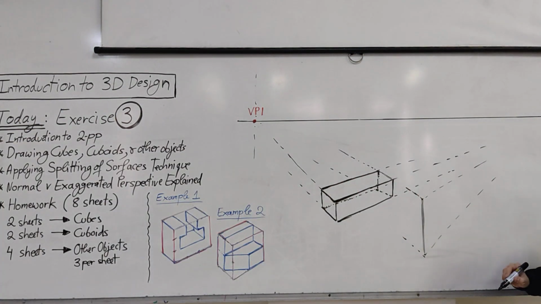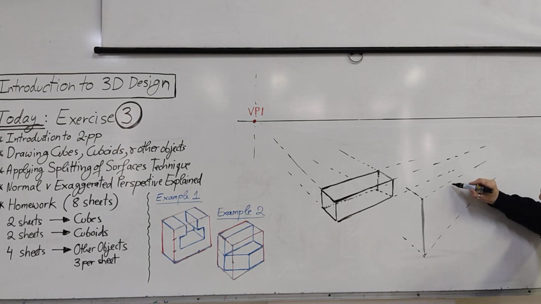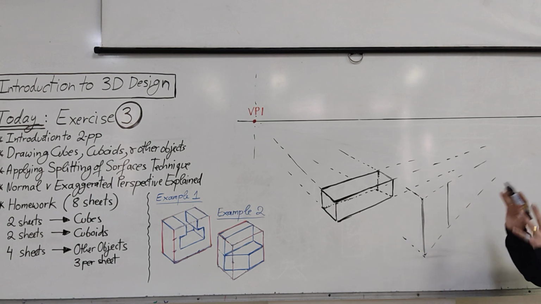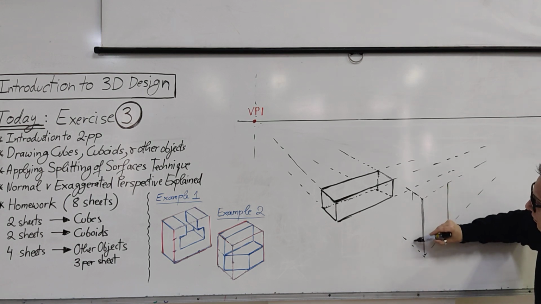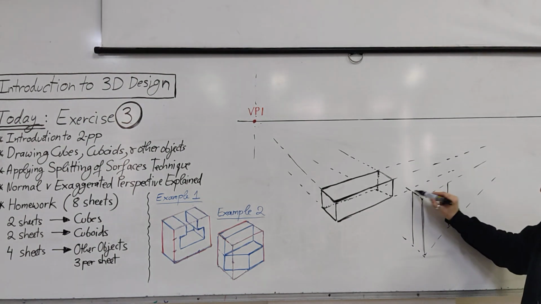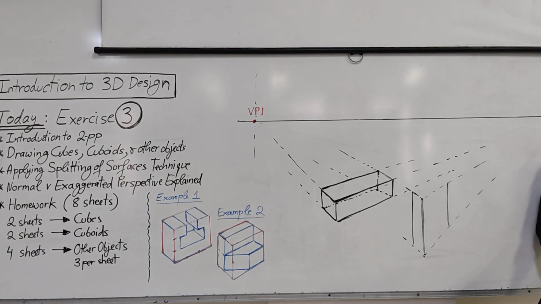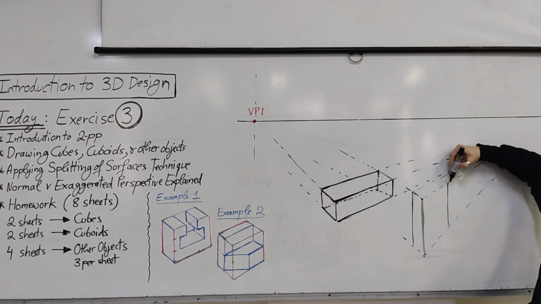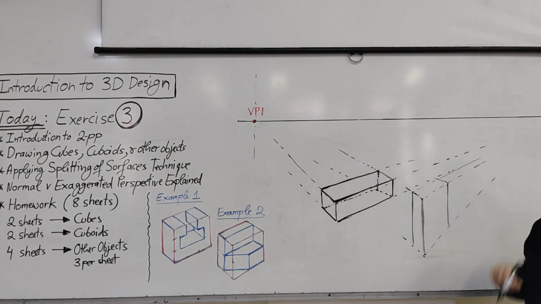Okay. And now I will make it, how shall we make it? Okay. I will put here a line. So it's totally free what you're doing right now. Okay? Just to look like a cuboid and not a cube. Okay? Now, from this point and this point I will take to this vanishing point, and this point to the other vanishing point. Okay? All the way.